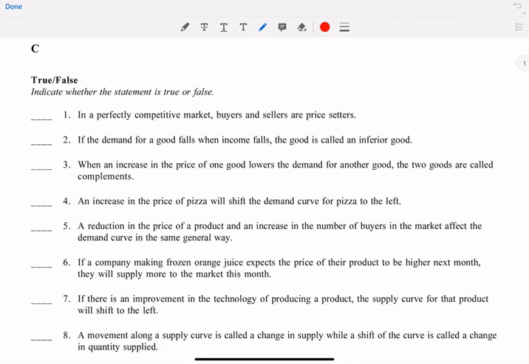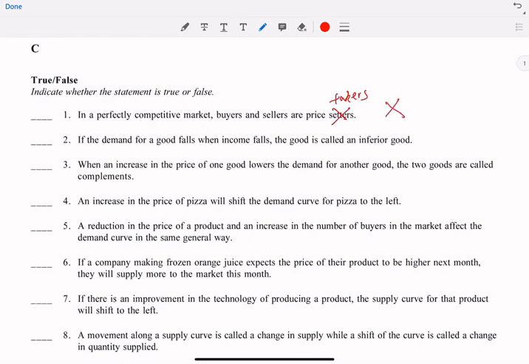So for this one, you can see that it is not correct, because in a perfectly competitive market, buyers and sellers are price takers, right? So this statement is incorrect.